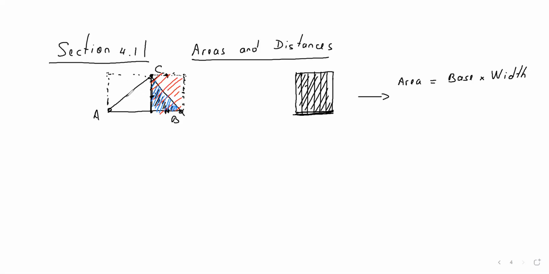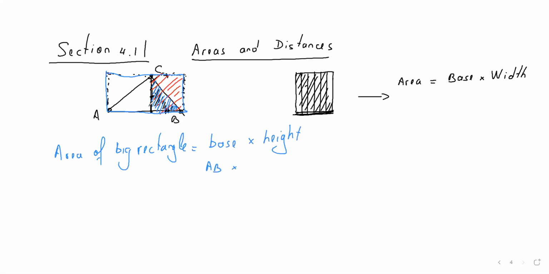The exact same thing happens on the other side. And now when we add these together, we can see that the area of the big rectangle, the one that I'm going to draw with blue right now, is simply base times height, where the base is the segment AB and height is this.